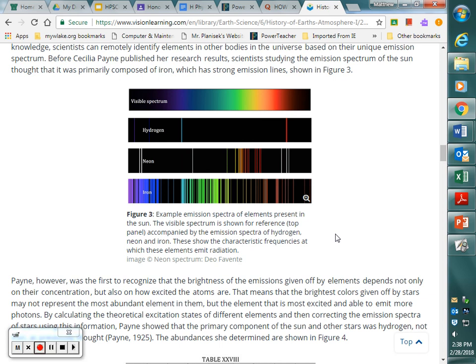So when we add more electrons, we have more lines. We have more possible jumps. Some of them are brighter than other ones, and that's where we get this idea of, okay, these are where these electrons are located more often than others. Okay? Good? Let's see if we have it.